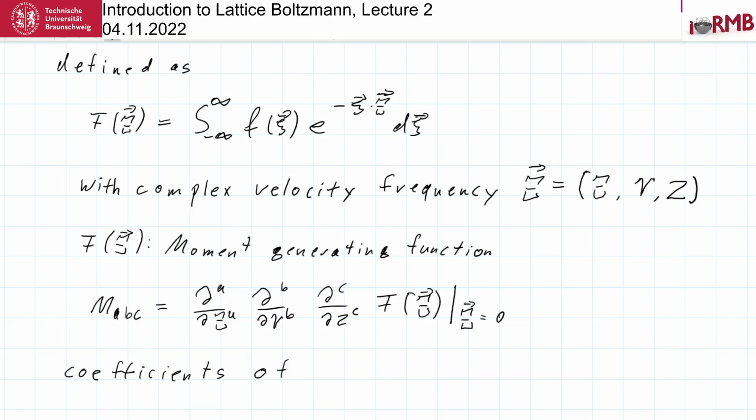But anyway, we have the coefficients of a series expansion of f of xi at the position, our development point, xi equal to 0.